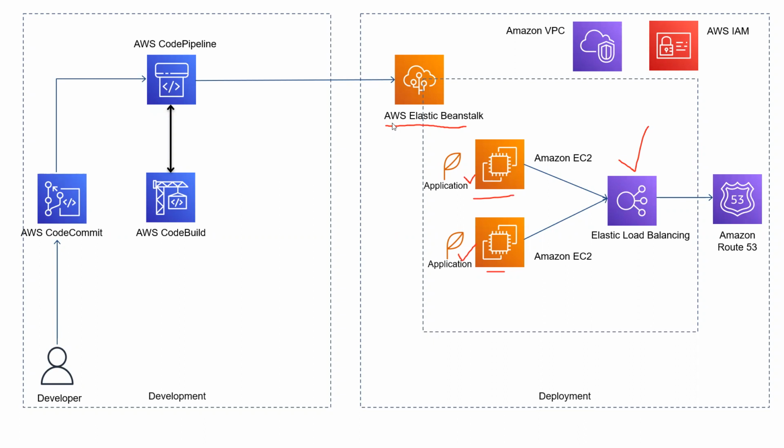And from our side, into those instances, it has provisioned Tomcat. From our side, we have taken the role of a developer. We did create a CodeCommit service and put our code there.